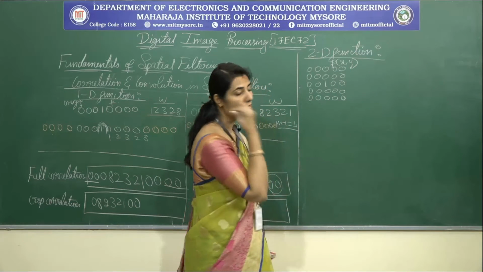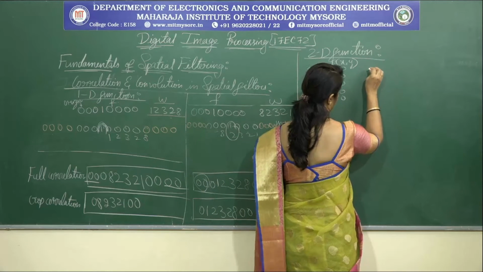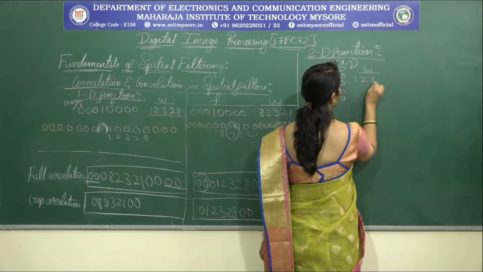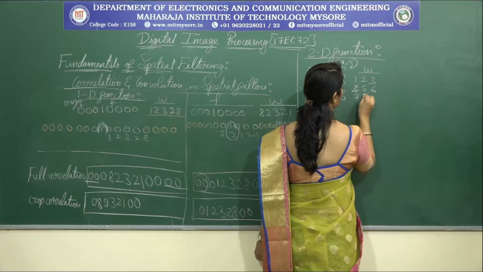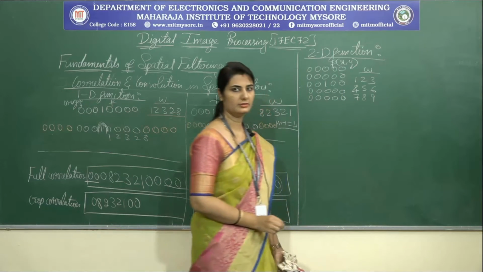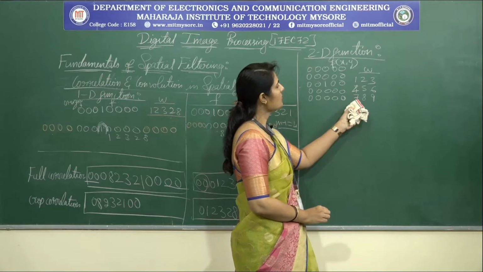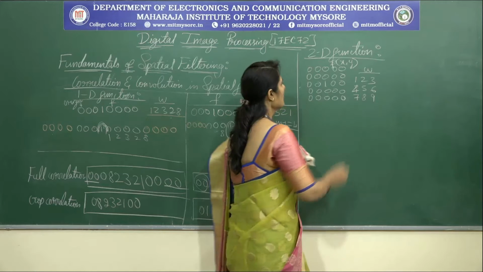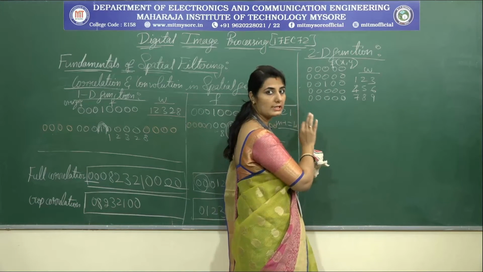So in order to perform correlation or convolution, here we need to consider the filter or the mask coefficients. So here the mask coefficient I have considered is, okay. So now here also, in order to perform correlation or convolution, some of the functions will not overlap, so we have to go for zero padding.